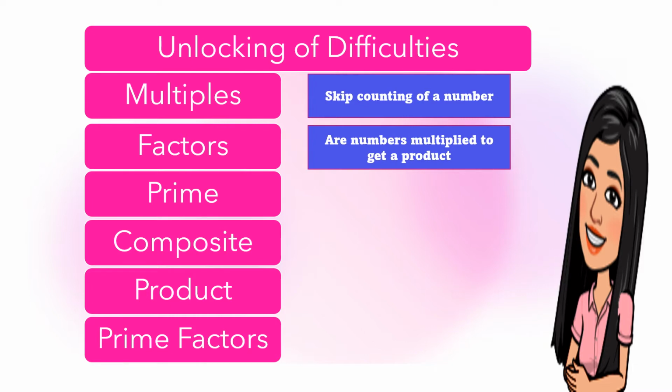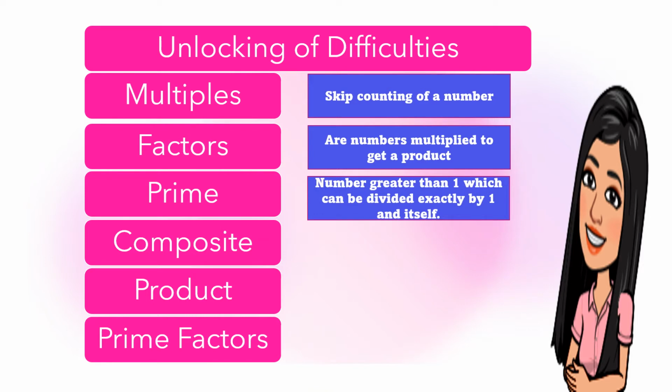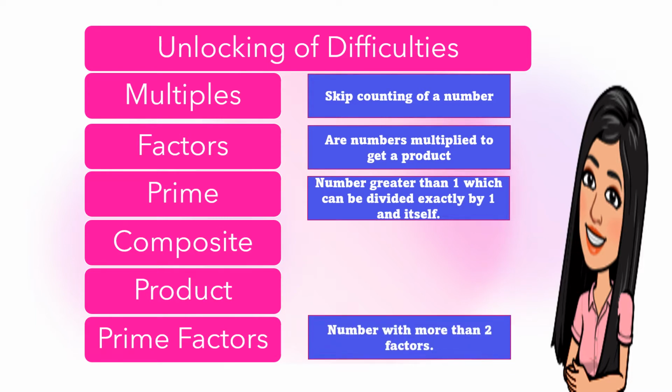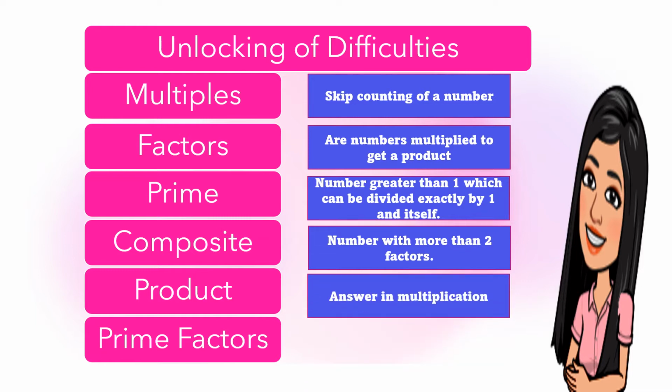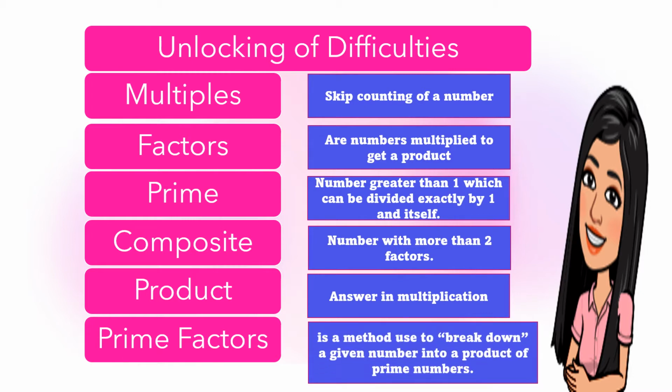Third is prime: number greater than 1 which can be divided exactly by 1 and itself. Composite: number with more than 2 factors. Product: answer in multiplication. Prime factors: it is a method used to break down a given number into a product of prime numbers.